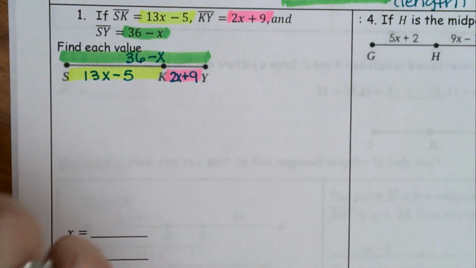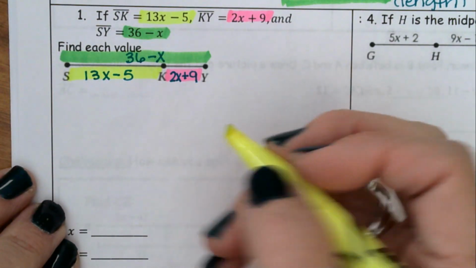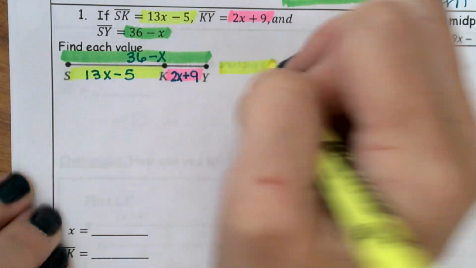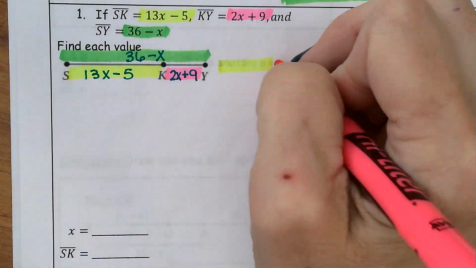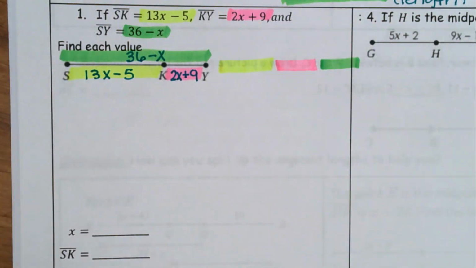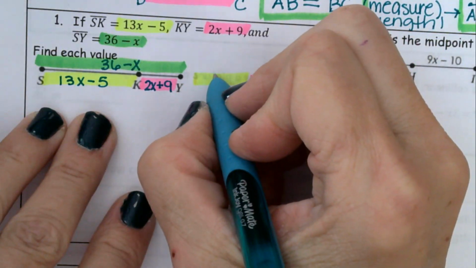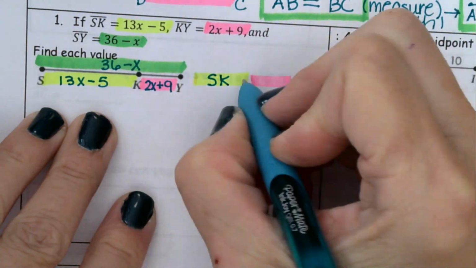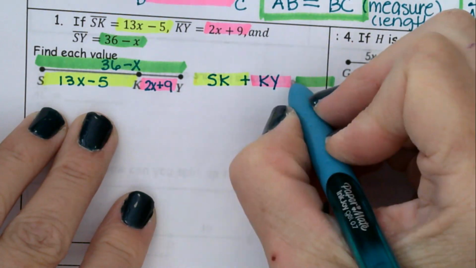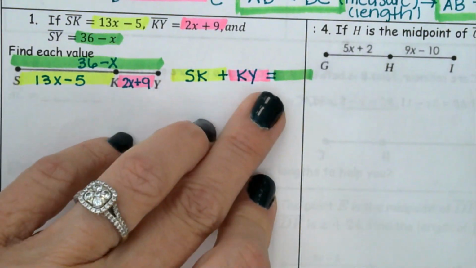All right, you ready? We're going to write some geometry. Okay, here we go. The yellow part, the pink part, and the green part. The yellow part was SK. The pink part is KY. And I need an equal sign, plus between those, and an equal sign after.